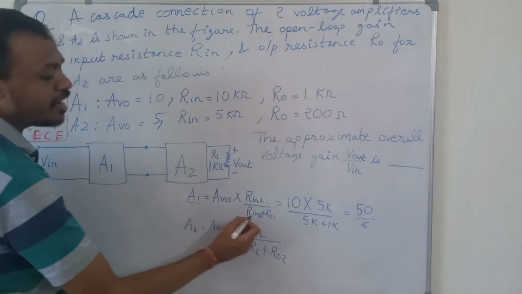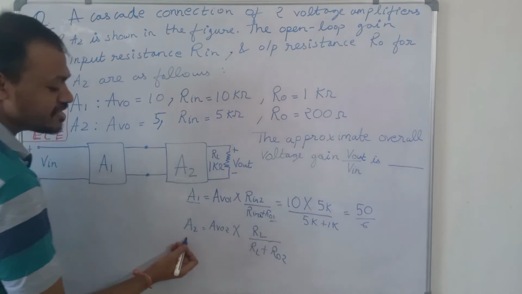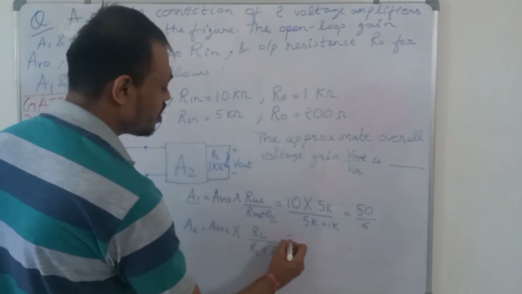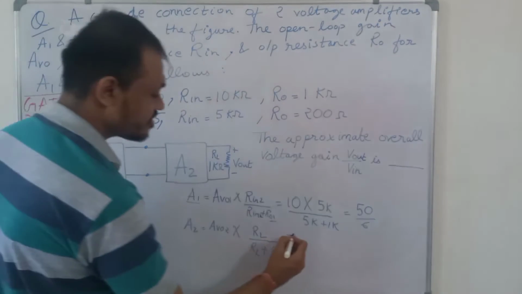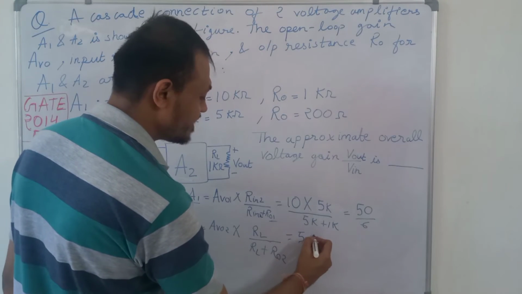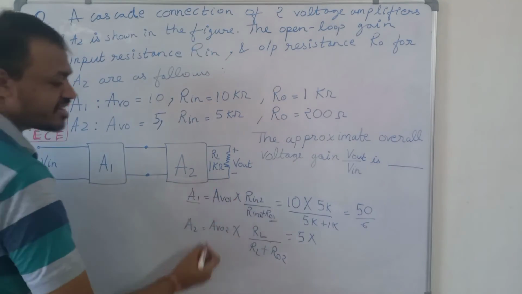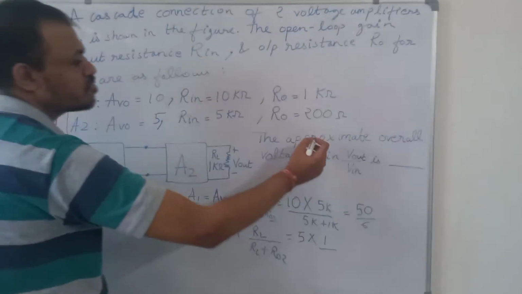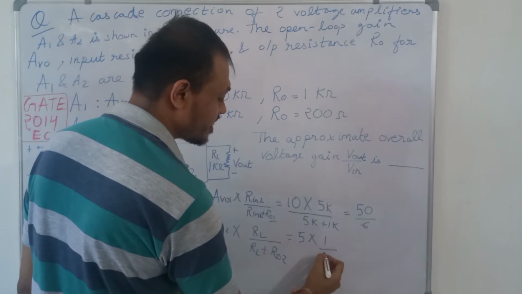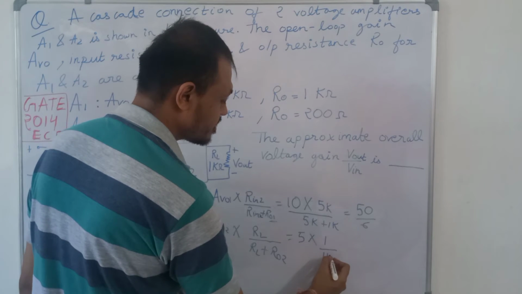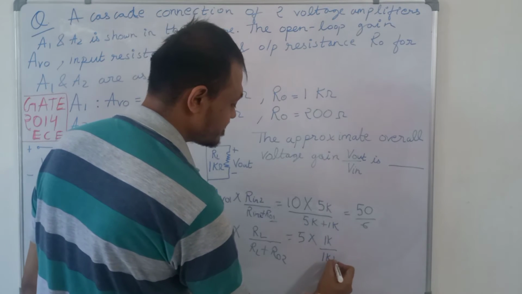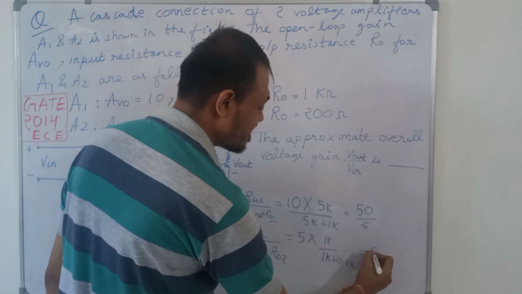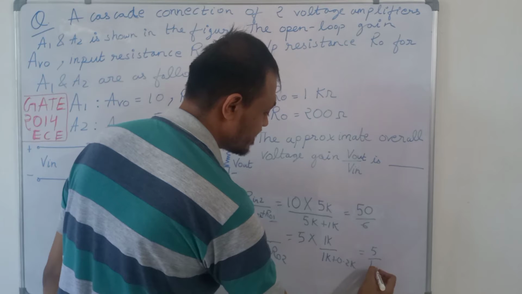For the first stage we used the output resistance of the first stage, so for the second we use the output resistance of the second stage. AV naught 2 is given to us as 5, so 5 into RL, which is 1, upon 1 plus RO2, which is 200 ohm, so 0.2k. So 1k plus 0.2k, this will be equal to 5 upon 1.2.